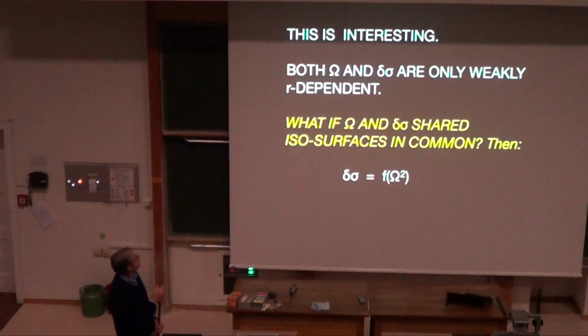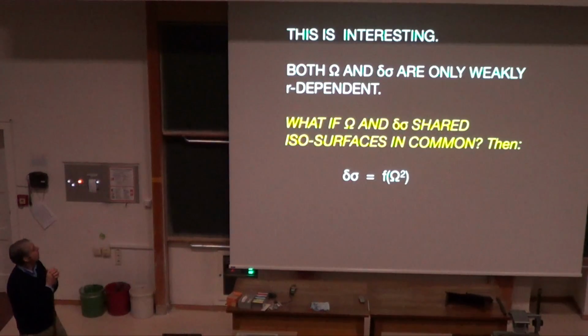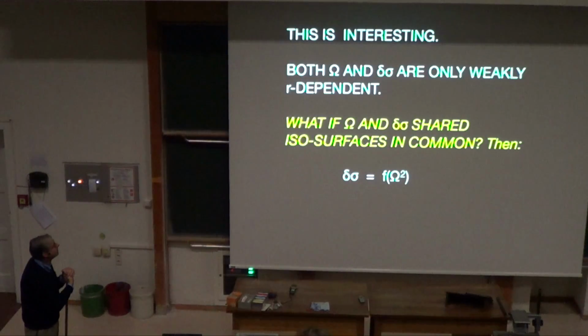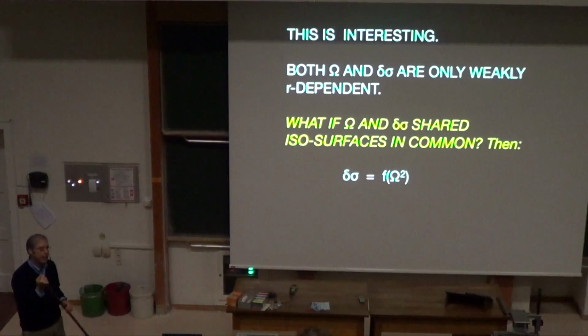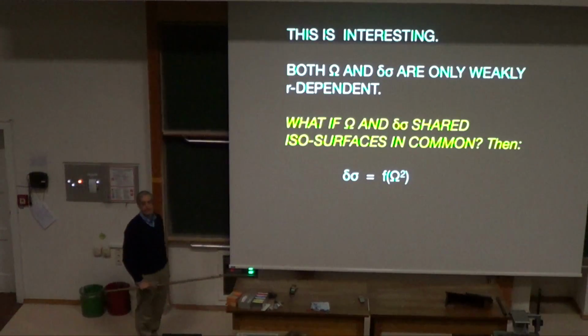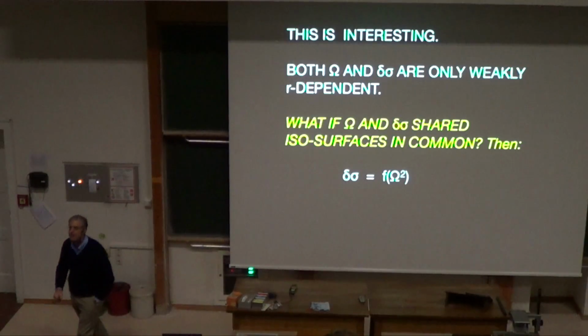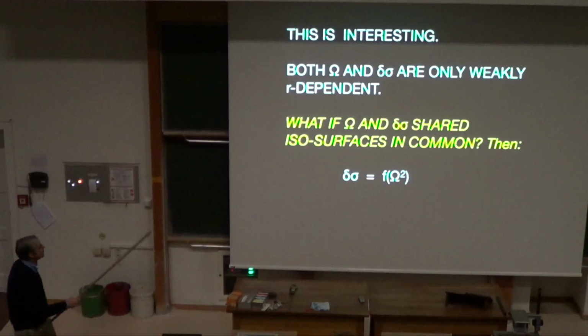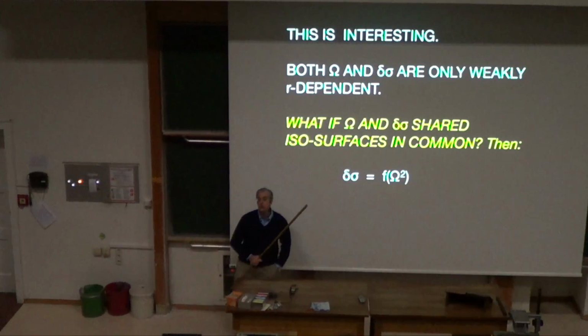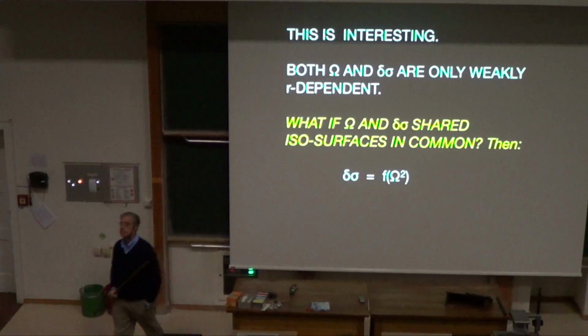This is interesting. Both omega and delta sigma, not the entropy, they're both weakly R dependent. I pose the following ansatz. What if omega and delta sigma in fact share isosurfaces in common?